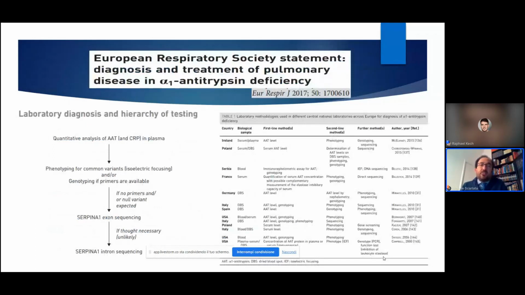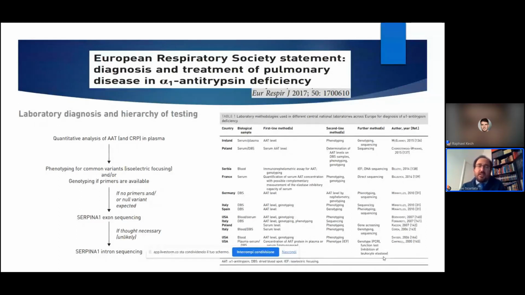This is the diagnostic flowchart suggested by the European Respiratory Society statement and recommendation. This is obtained by pulling together all the recommendations provided by single national methodological works.